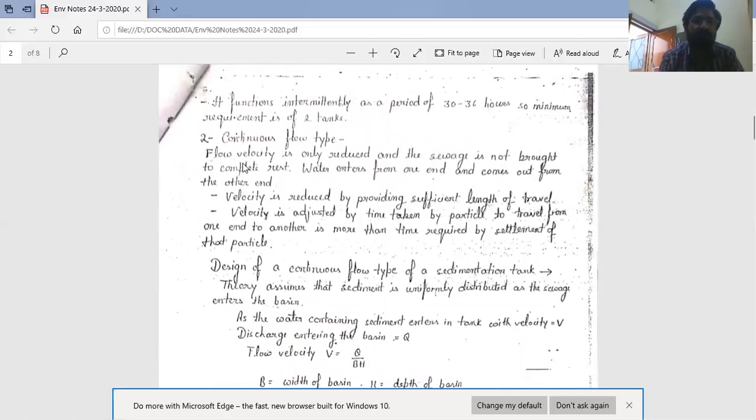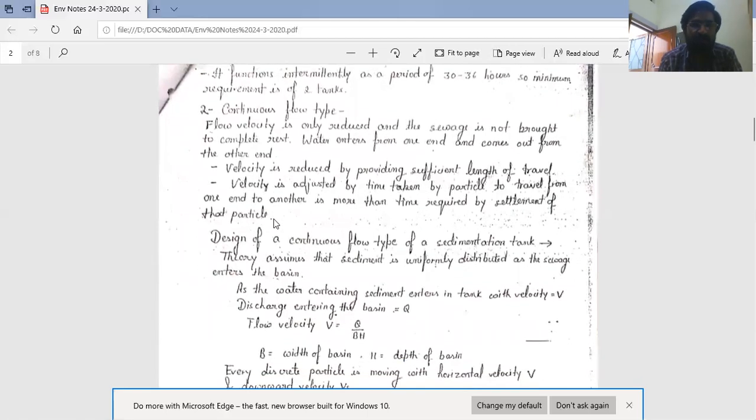In the continuous flow type, flow velocity is only reduced and the sewage is not brought to complete rest. At one end water enters and at the other end water flows out. Water enters from one end and comes out from the other end.